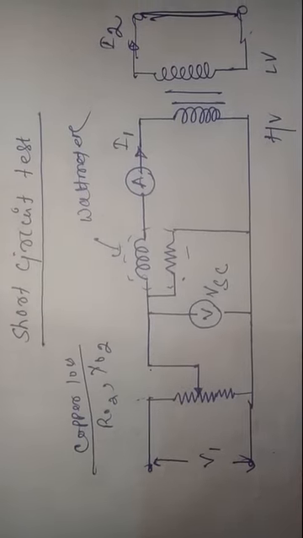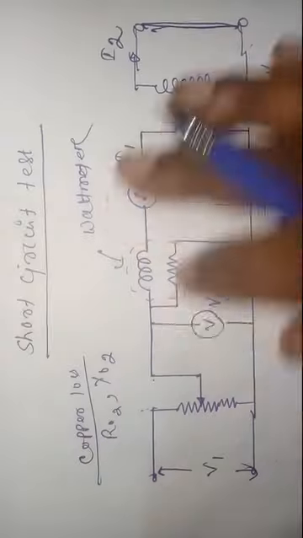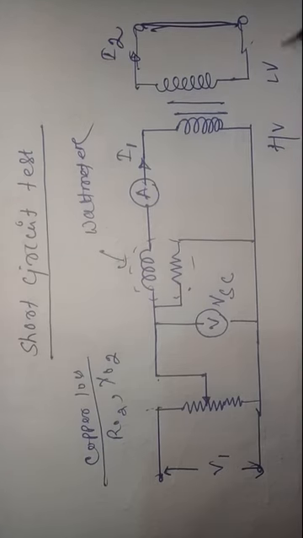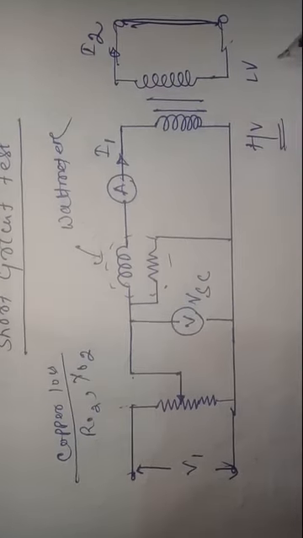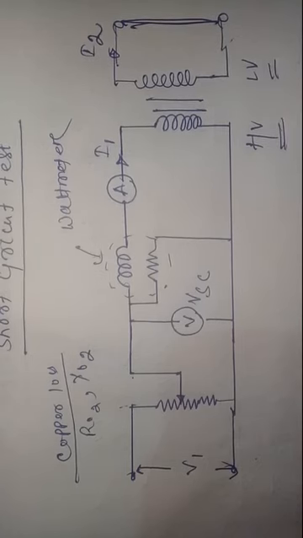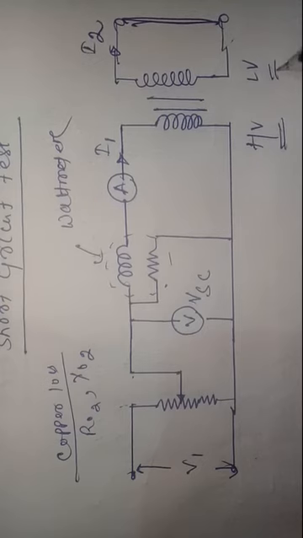Okay, so these are the circuit diagram, setup, and experimental connection of the short circuit test, and this test is generally carried out on the HV side of the transformer. If you conduct the test on the LV side, what will happen?